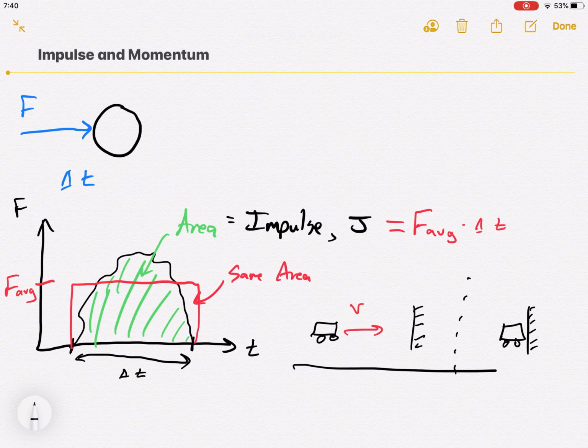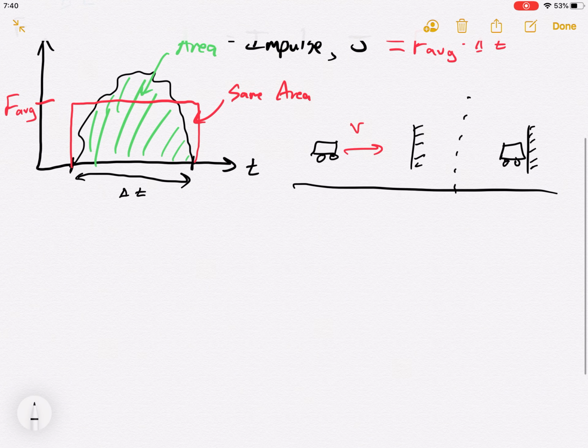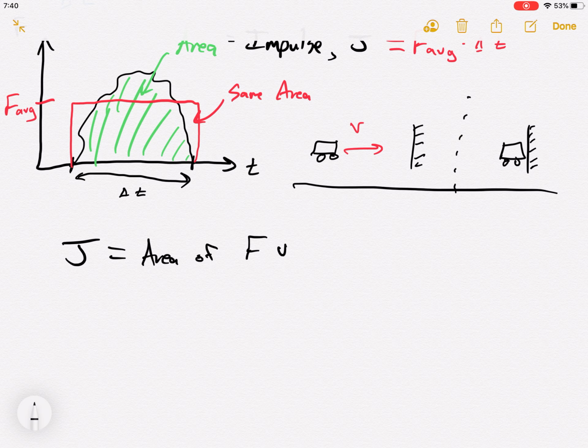You know what? Let me do one bit of math on this, and you'll see why. All right. So far we've got two definitions for impulse. We've got J equals the area of F versus t. J is also F average acting over some delta t.